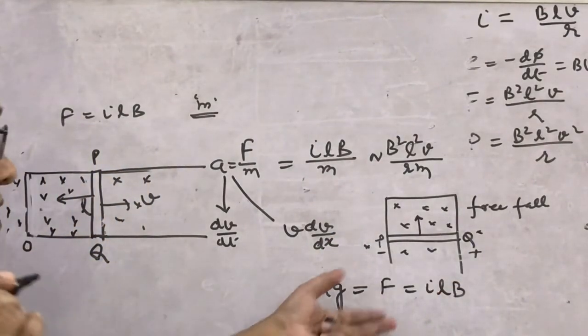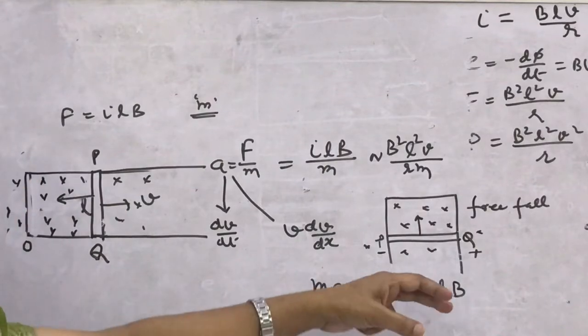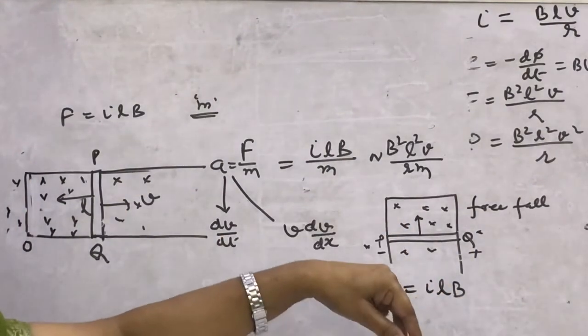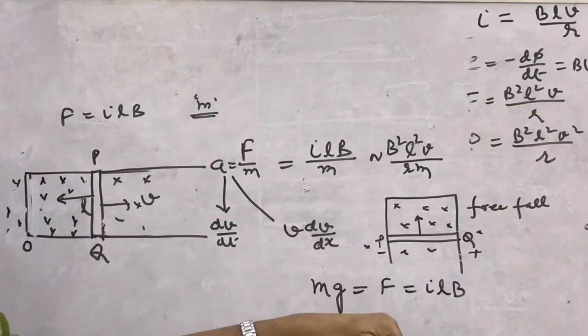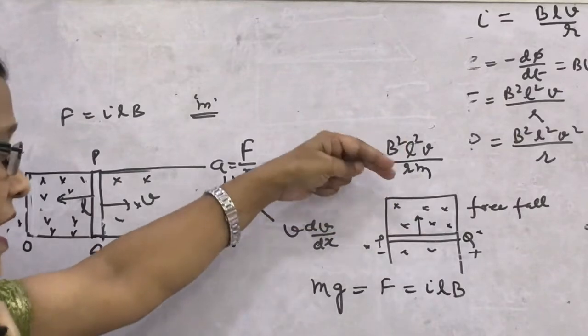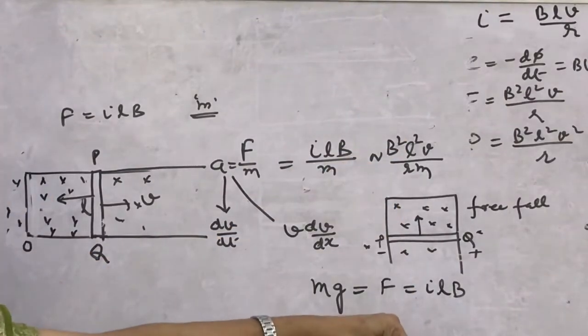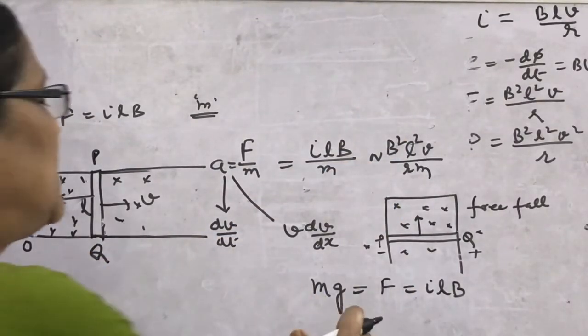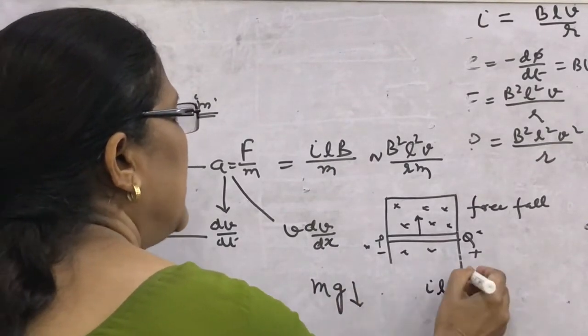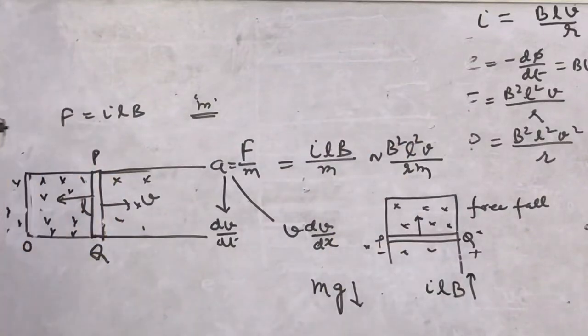Then if the rod is falling freely, then what happens? What will be its retardation? How will you find retardation? Since F is acting upward and mg is acting downward, if it is asked what will be the velocity of the rod after certain time, or the retardation of the rod?